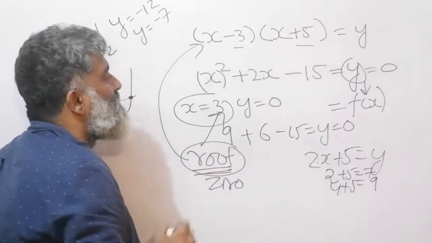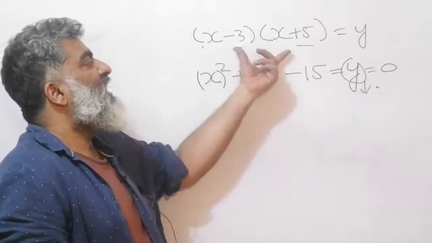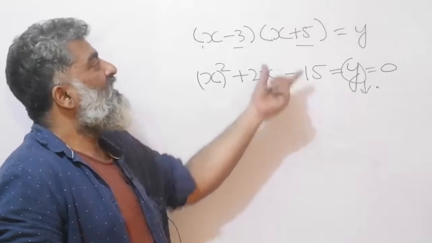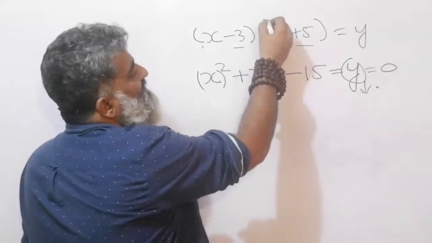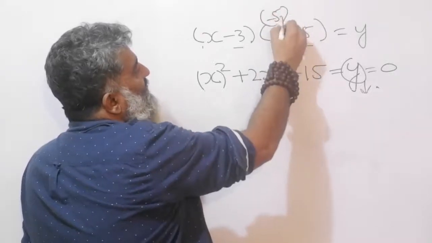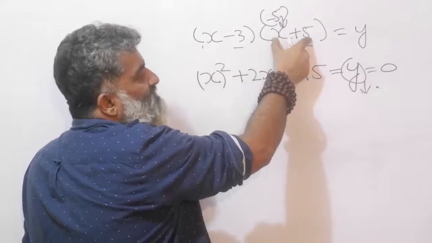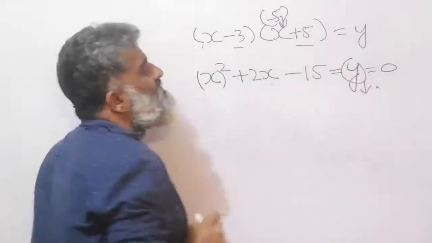Staying with the very same idea, again look at this expression, and this and this are the same thing. Again notice this part of the story. If I put x is equal to minus 5, if I input in this story minus 5, minus 5 plus 5 will become 0. Whatever this value is, I don't need to calculate. Overall value will become 0.